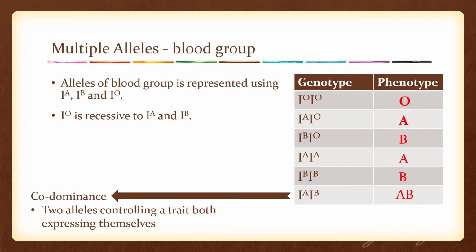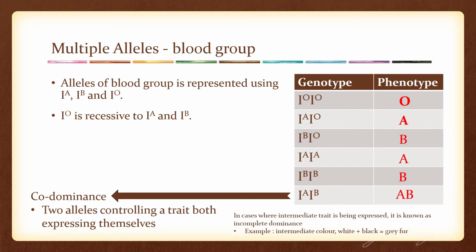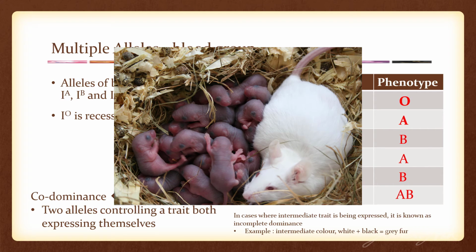So this is co-dominance. Then there is also incomplete dominance. So in the case where an intermediate trait is being expressed, for example, if you have a white color mouse, you breed it with a black color mouse, you get the offspring with gray color fur. That means the color between black and white.